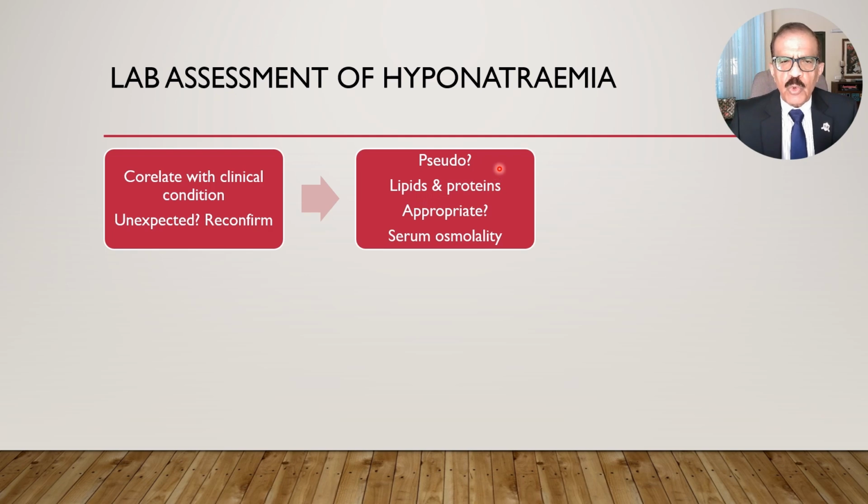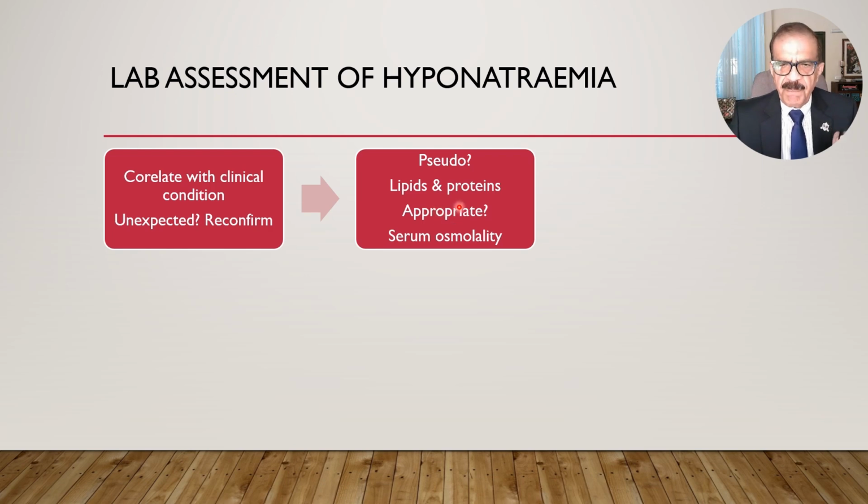So what is pseudo hyponatremia? If there is accumulation of some solute in the body other than sodium. As I told you, normally it is the sodium which determines our serum osmolality, but in some cases there may be other substances. For example, if there is a lot of protein, in cases of hyperproteinemia like multiple myeloma, or if there is hyperlipidemia, massive hypertriglyceridemia, these two things will take some space in the fluid component of our plasma.